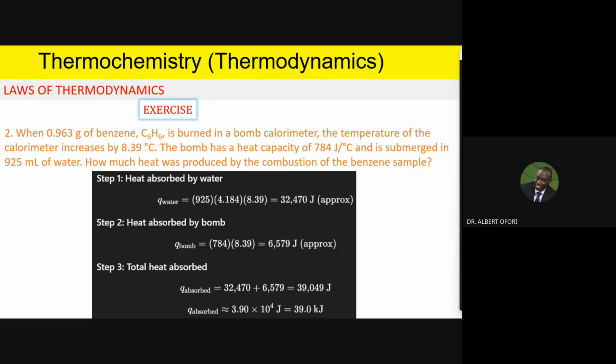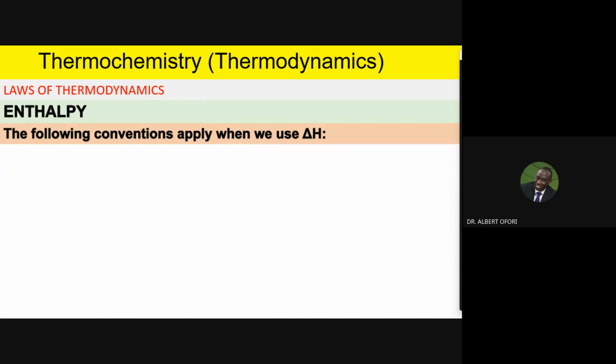Okay, so it's just the reverse. The minus there has to do with the heat absorbed or the heat produced. Here it's the heat produced, so it will be minus. So again, I have to correct that. That's going to be a negative answer. Are we on the same page? Yes, sir. Okay.